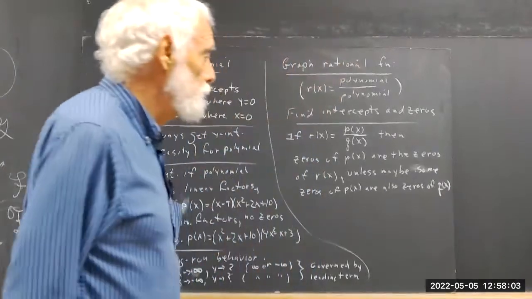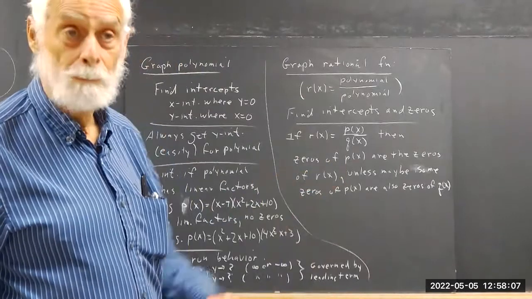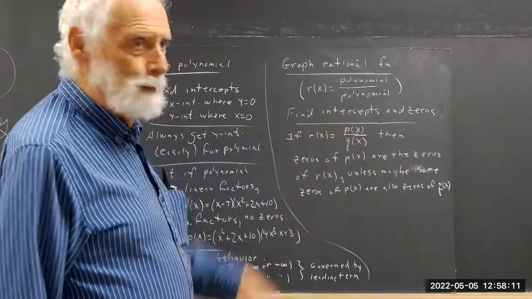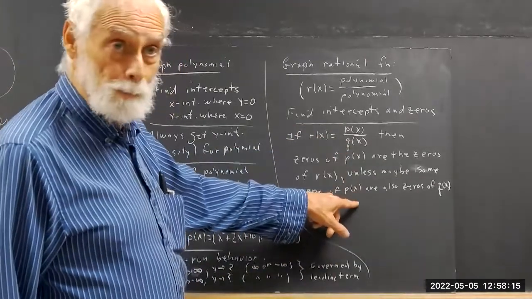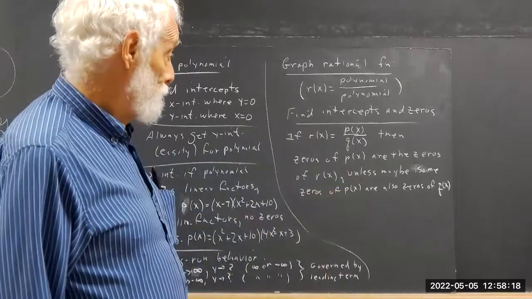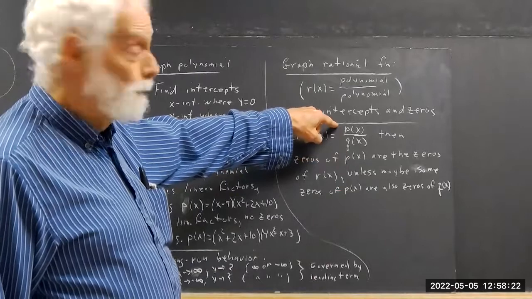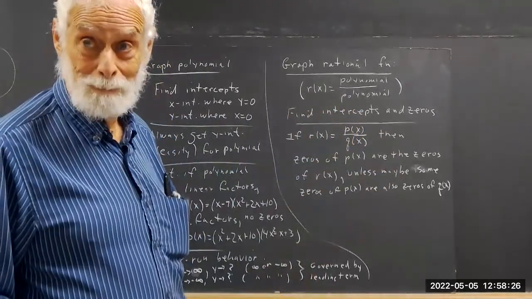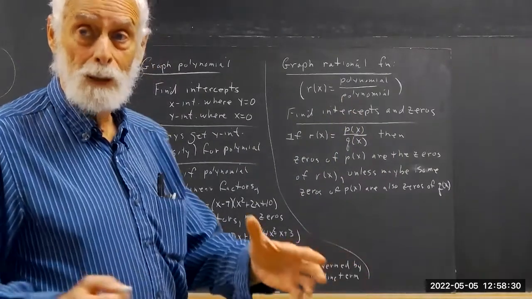Now, for most of the problems I'll give you, that's not going to be the case because I'm keeping it simpler than we really ought to. Because again, you almost never run into applications where that occurs. But if a linear factor of Q of x matches a linear factor of P of x, then you can divide them out, if they have the same degree.